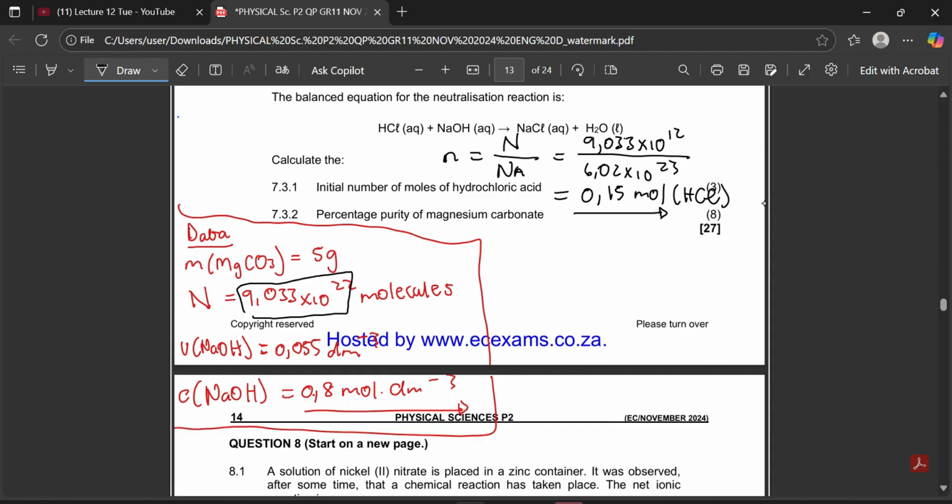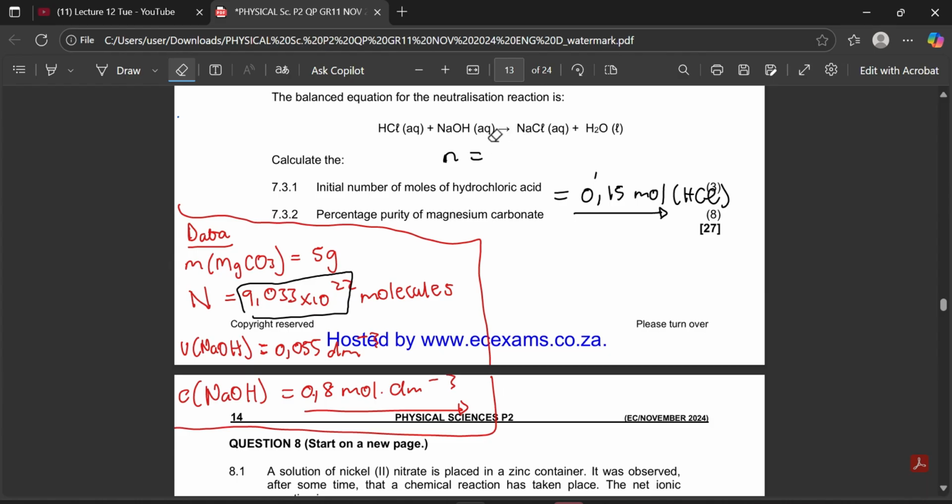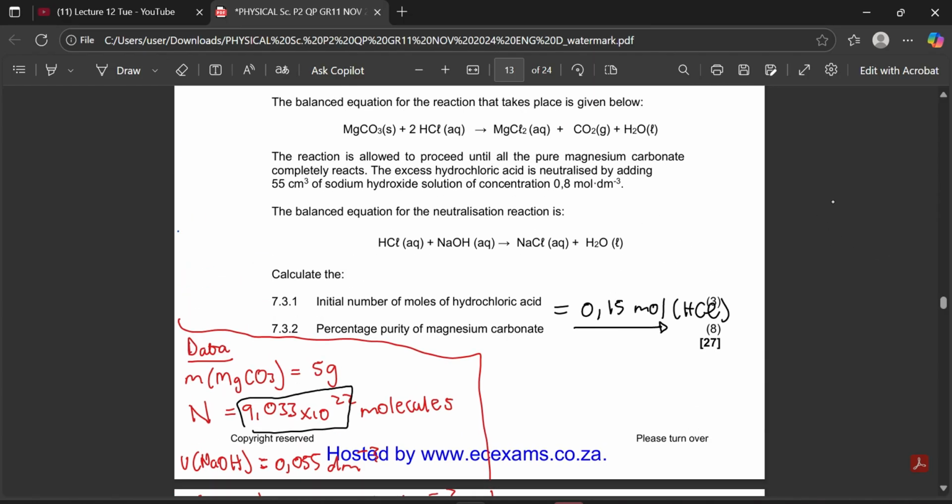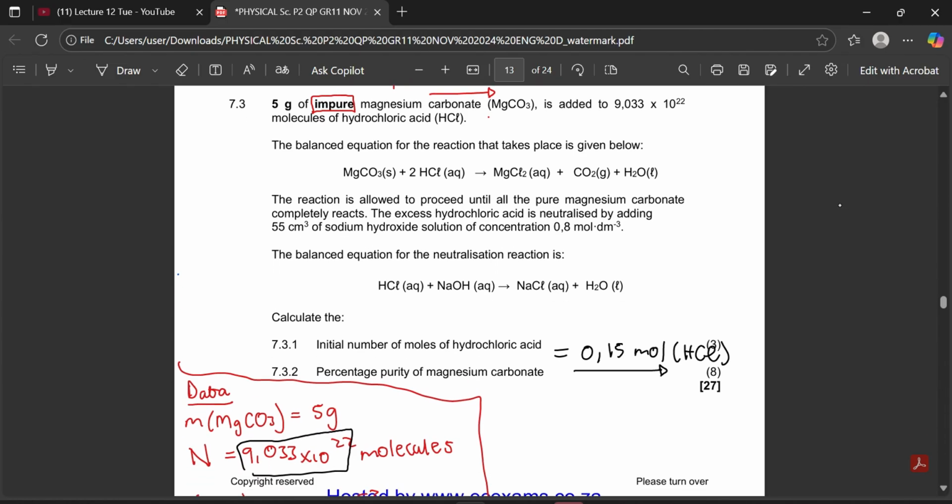Okay. We've answered the first question, so I'm just going to remove these because now it just becomes an entire mess. So we've answered the first question, and hopefully we are all confident with the answer. Okay. We then look at the question, 3.2, they say calculate the percentage purity of magnesium carbonate, and that is a big 8 marks that we cannot afford to lose.